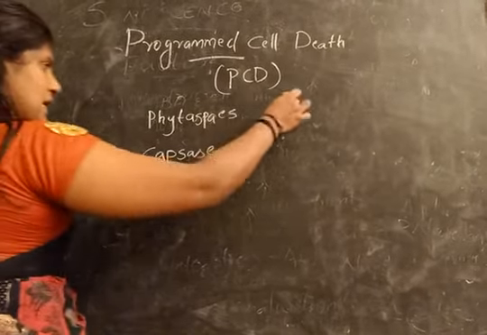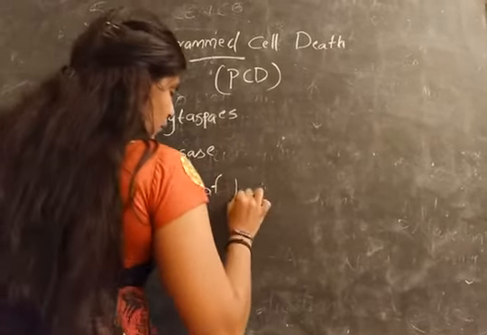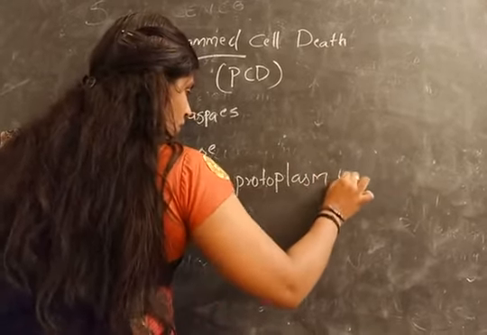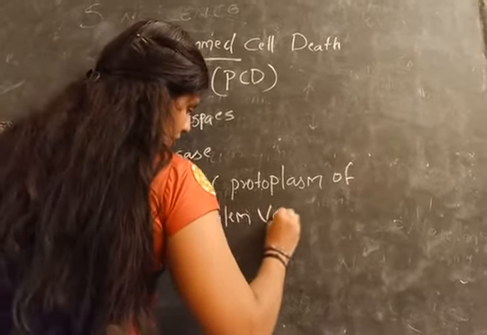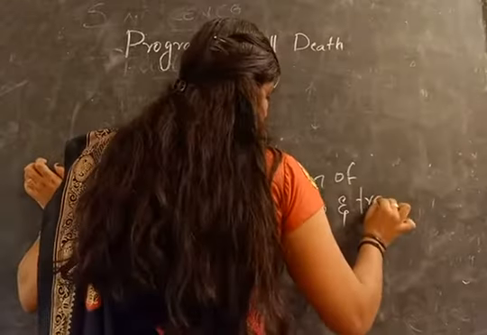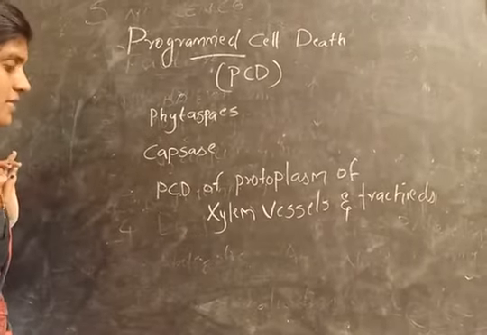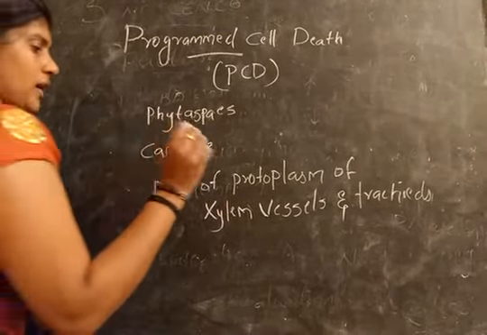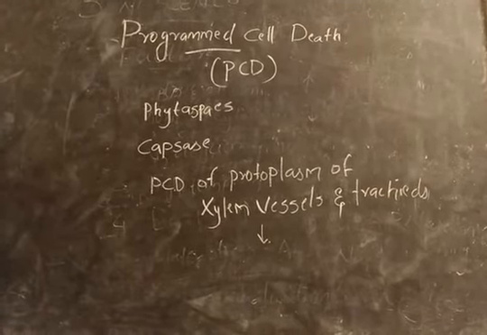So the programmed cell death of the protoplasm of xylem vessels and tracheids helps in water conduction at the maturity stage.